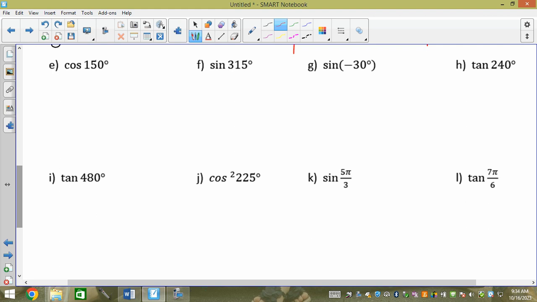I can't fit a squared in. So what they do is they put it like this, because this means that the cos is actually squared. If they wrote it like this, that would mean the 225 was squared, correct? So it becomes confusing. So what they did is they wrote the squared in the middle. All this is the same as this for you guys with your calculators.